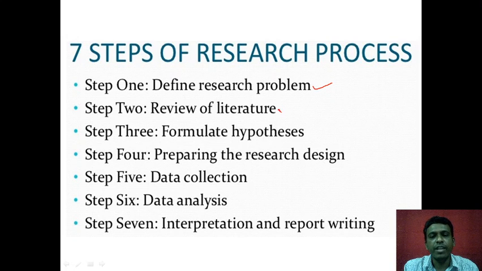Review of literature, that is, you read something about the problem that you have identified in step 1 and then proceed ahead so that you get some foundational knowledge. Step 3 is formulate hypothesis along with setting of objectives. So step 3 is setting of objectives and formulate hypothesis based upon your objectives.